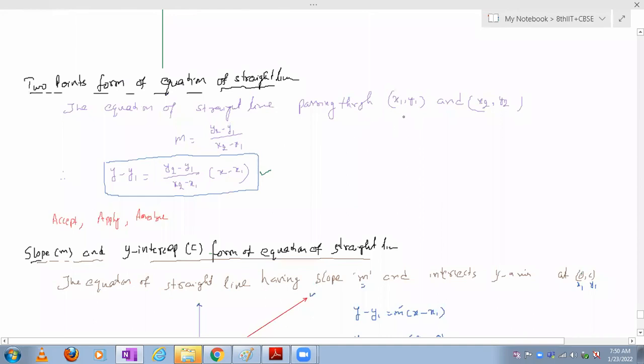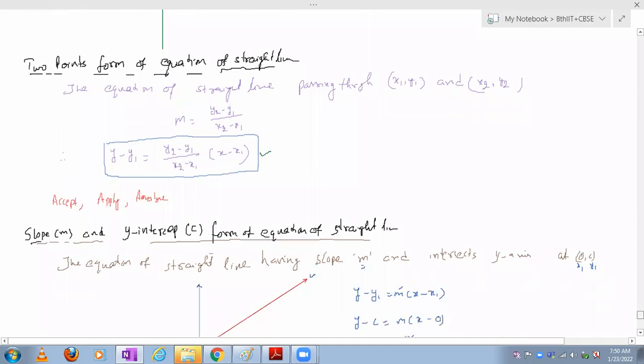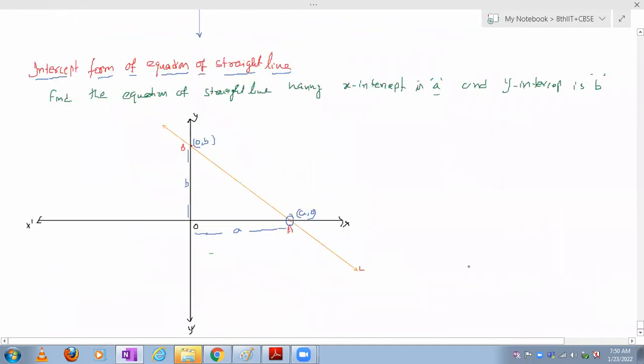If the straight line is passing through x1, y1 and x2, y2, the equation of straight line is y minus y1 is equal to y2 minus y1 divided by x2 minus x1 whole into x minus x1, right? That only we will write here.